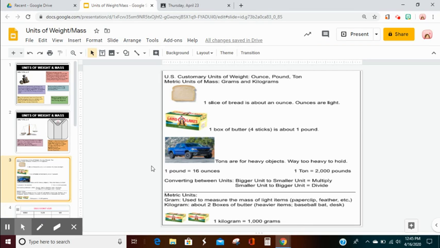U.S. customary units of weight include ounce, pound, ton. Metric units of mass include grams and kilograms.